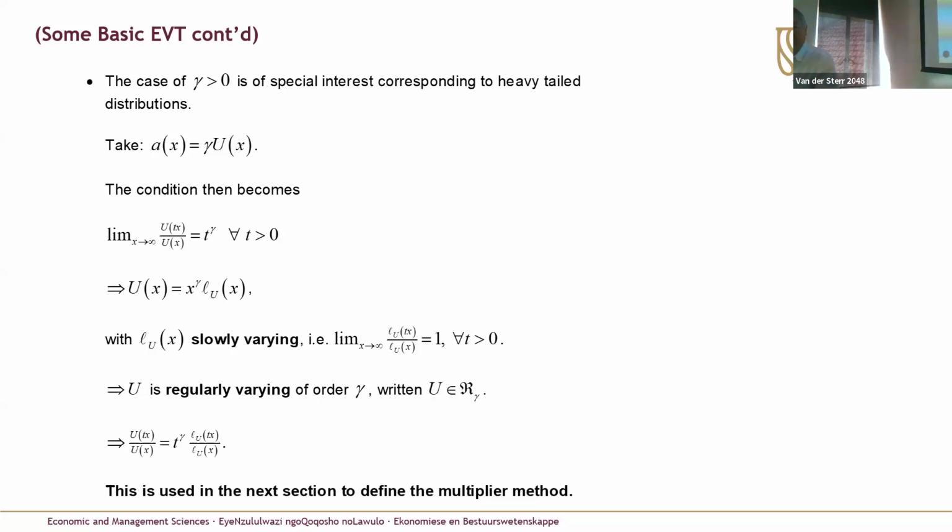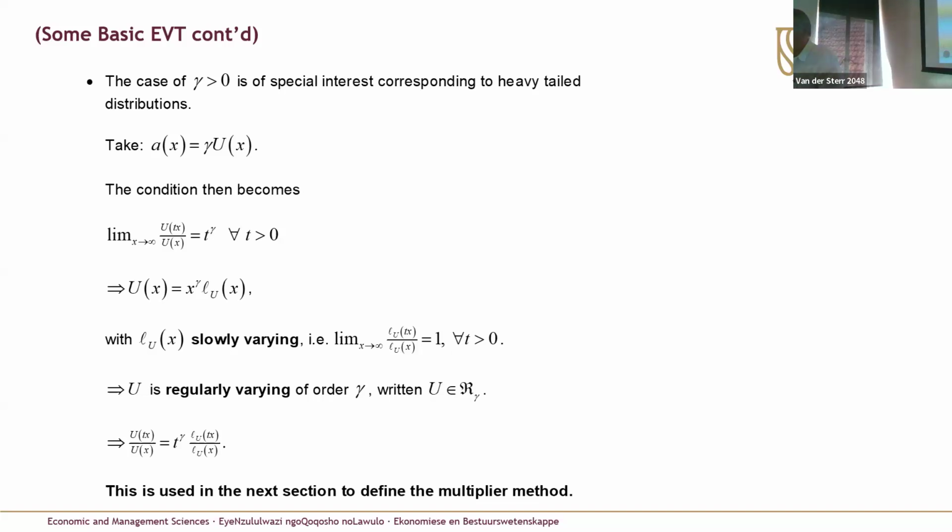Now, functions of this form can be written in this form. If a function is of this form, we can always write it as a power function, x to the gamma, times the so-called slowly varying function. That's well known from the mathematics of this type of function. Now we have this, so we can write our quantile function in this form. And this L is slowly varying, which says if I take that function at those two points, L(tx) over L(x), and x goes to infinity, it goes to 1, for all t positive.